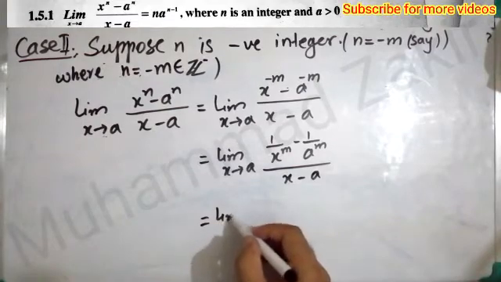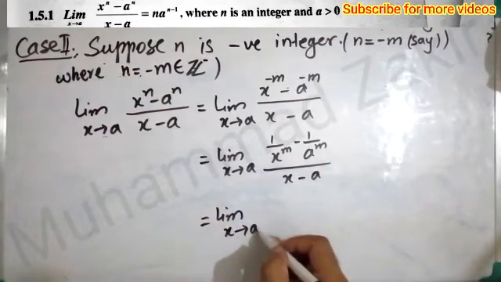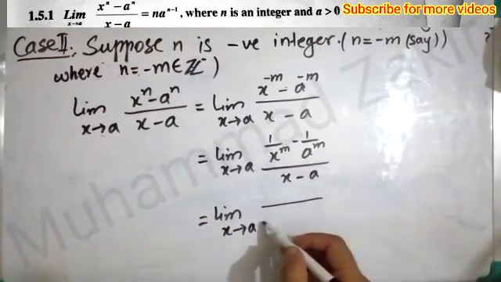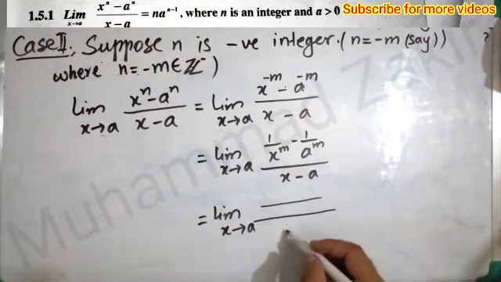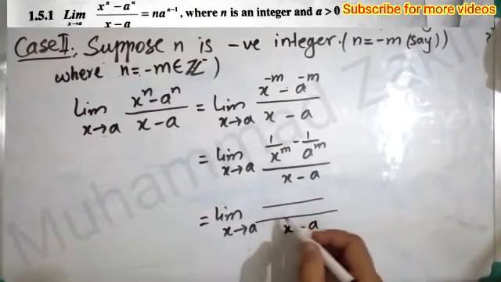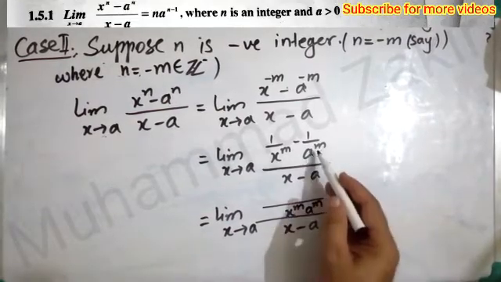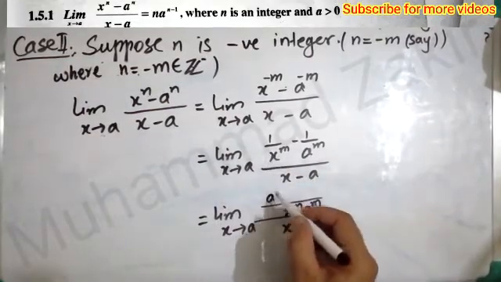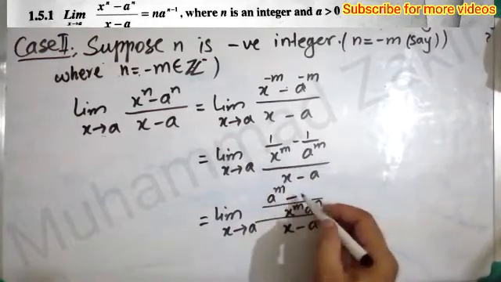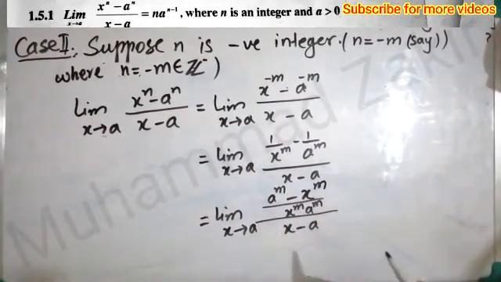Then limit x approaches a, we take the LCM. Already in the denominator it is x minus a, and the LCM is x^m a^m. This will appear here: a^m minus x^m.